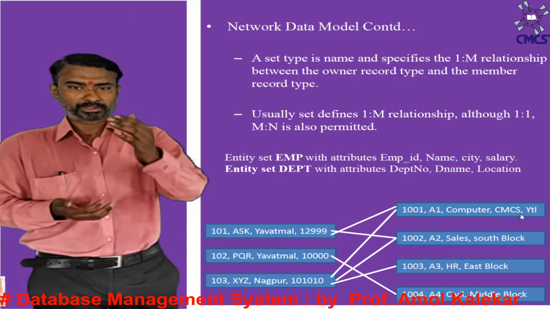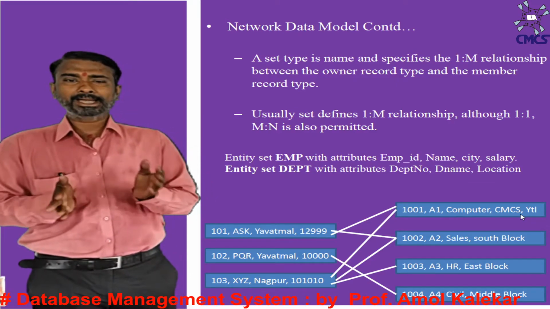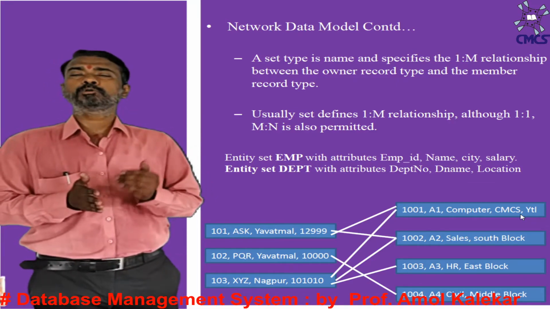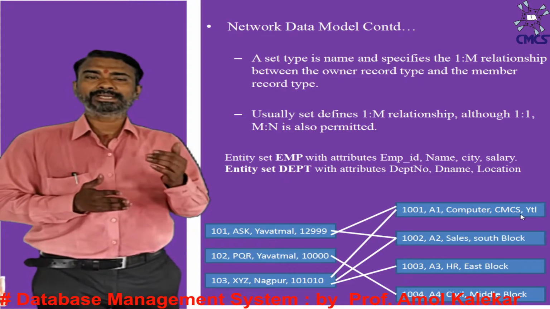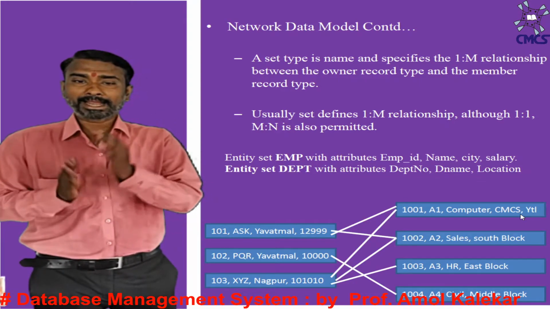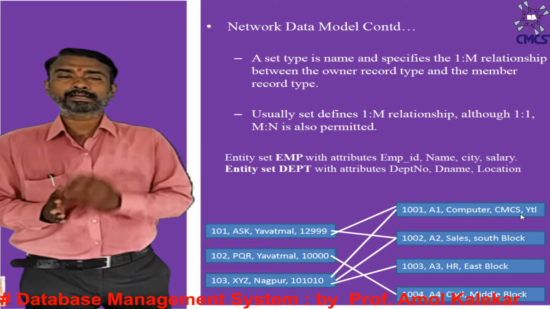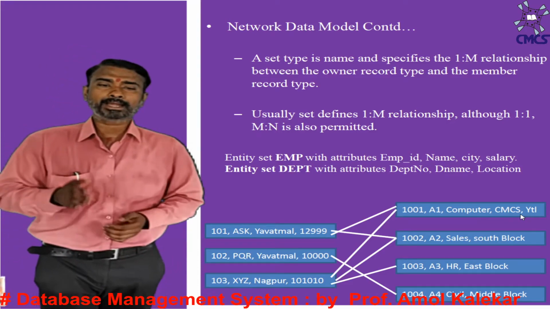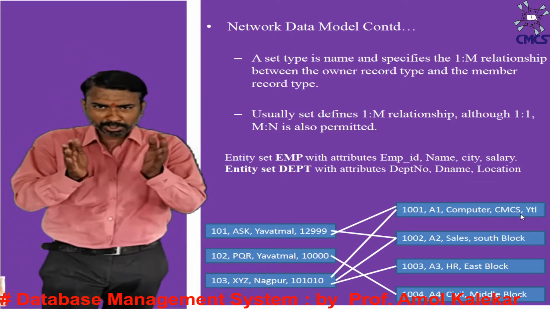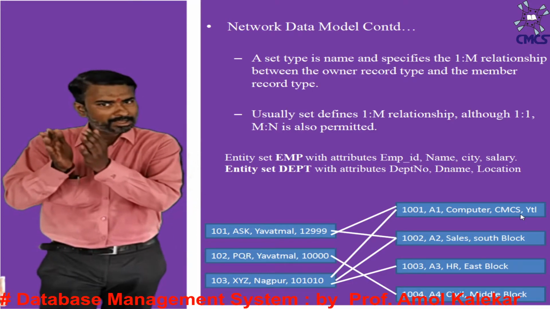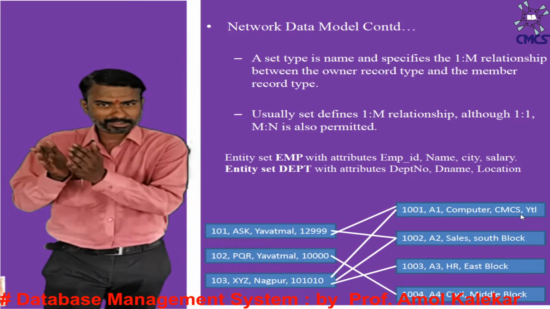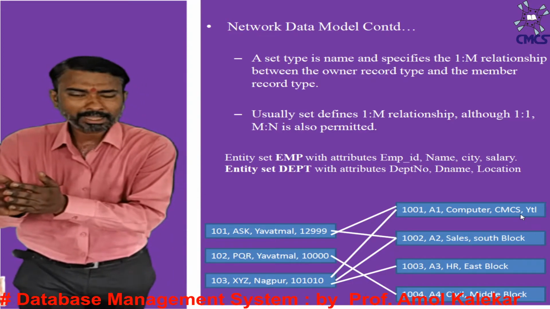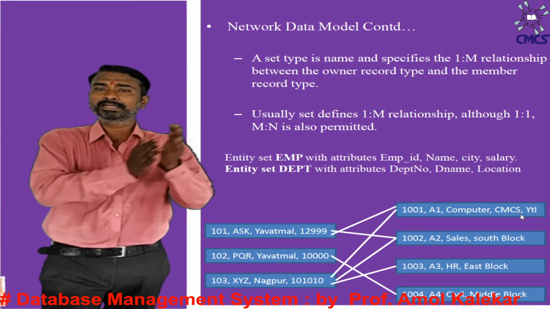So, we are having one example, entity set employee with attributes employee ID, name, city and salary. Again, entity set department with attributes department number, DNAME and location. So we are having two different entities, that is employee, and the second one is department.